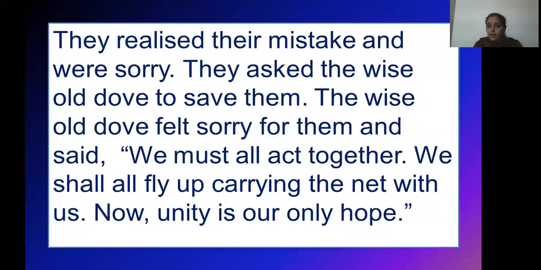Next, they realized their mistake and were sorry. They asked the wise old dove to save them. Initially, when the wise old dove told them not to go there, it could be a trap, they did not listen and they went to eat the grains and were trapped. They got caught in the net.